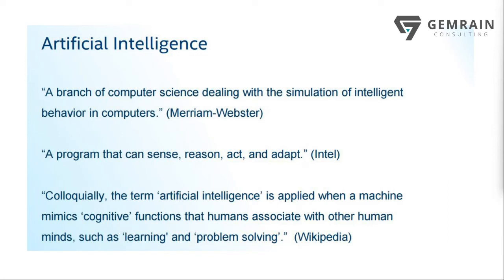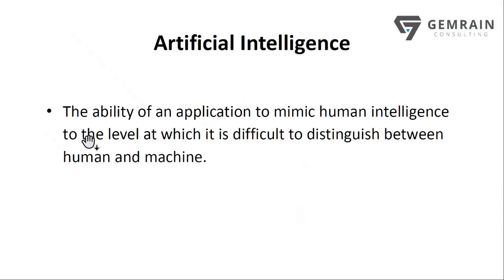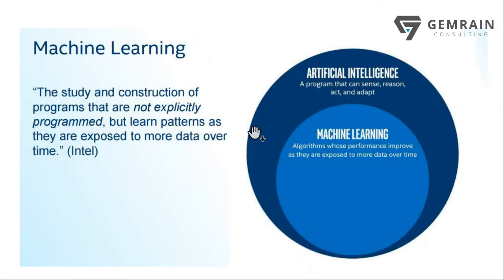So similar cognitive abilities means artificial intelligence: the ability of an application to mimic human intelligence. So artificial intelligence means everything, right from collecting data to acting.